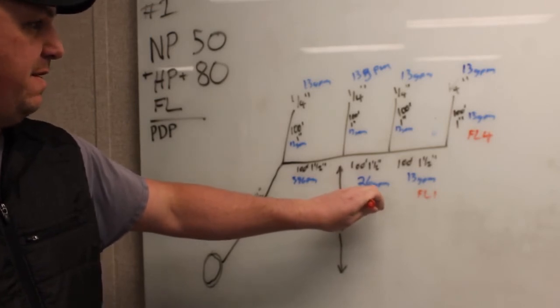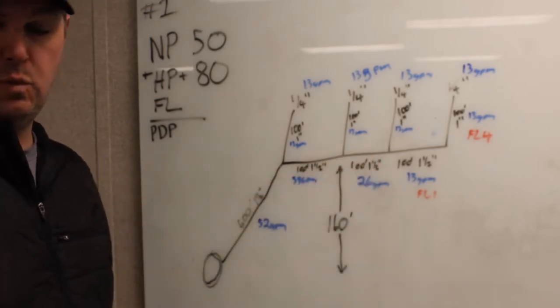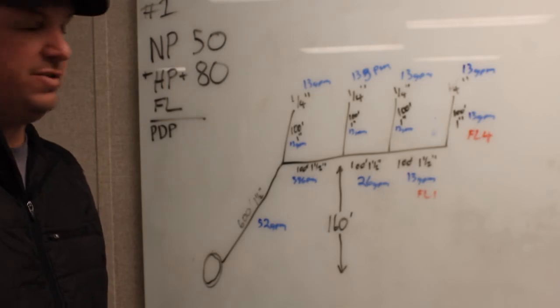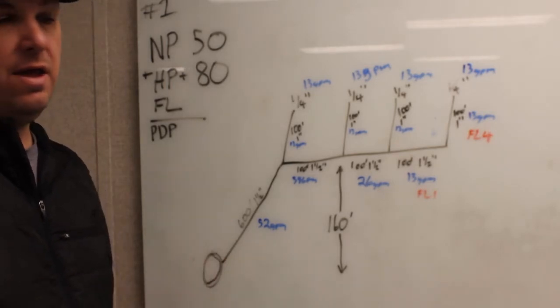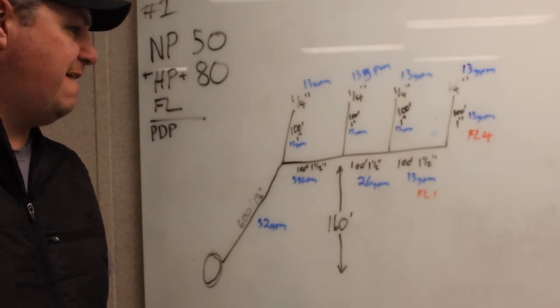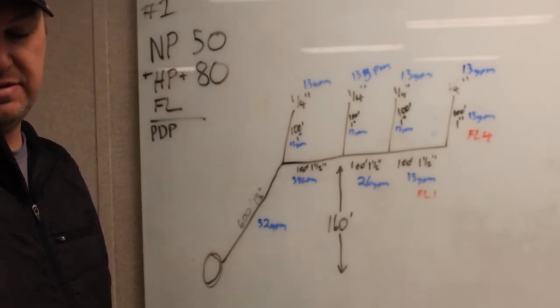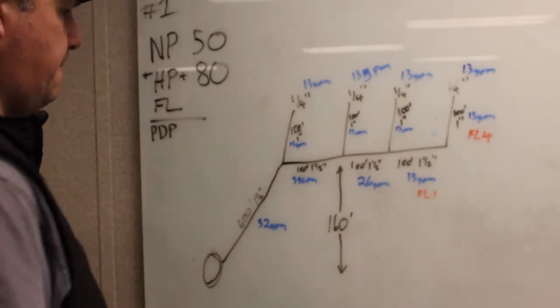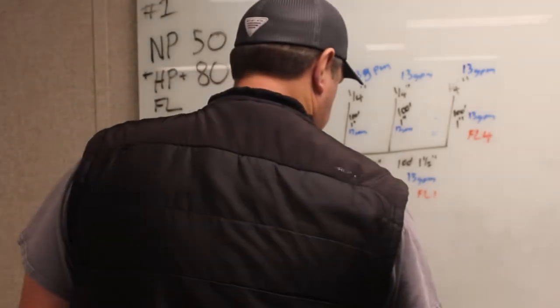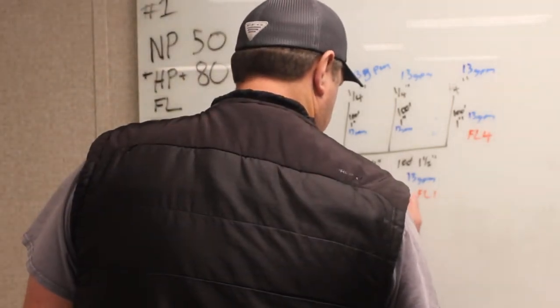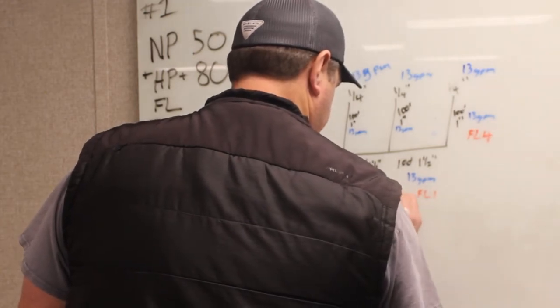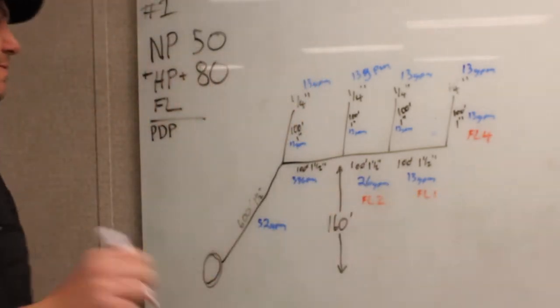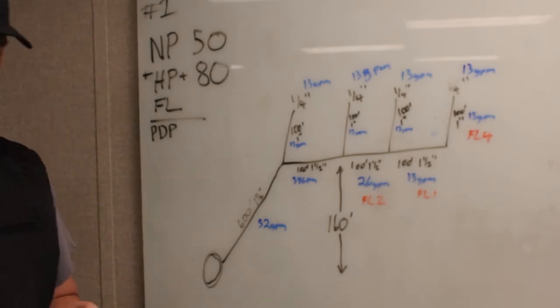So, move it back one more. I'm looking at 26 gallons a minute through 1.5 inch hose. Put 26 gallons per minute in my friction loss calculator and read my 1.5 inch mark, and it says 2. Remember, we are rounding to the nearest whole number.